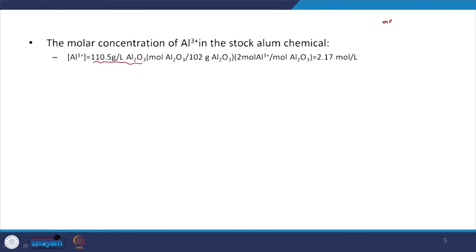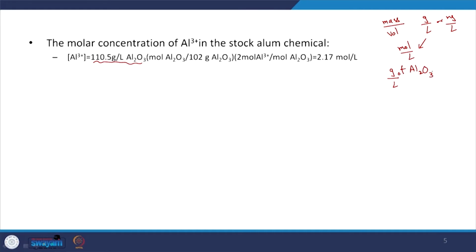We have different units or ways of expressing concentration. One is mass per volume, as in gram per liter or milligram per liter. Another unit which we typically want to use based on the stoichiometry is moles per liter. How do I go from here to here though? I have grams per liter of Al2O3.